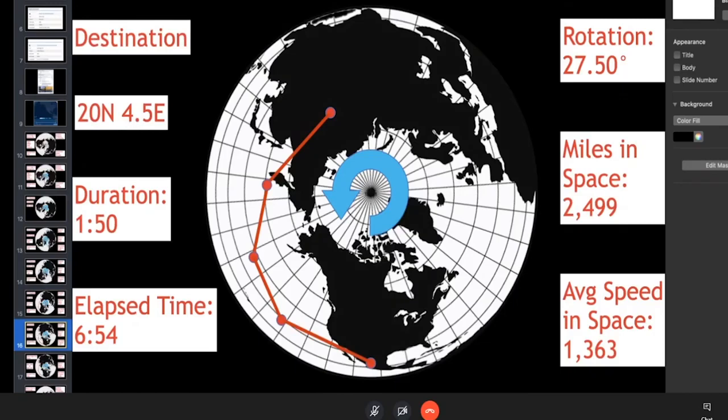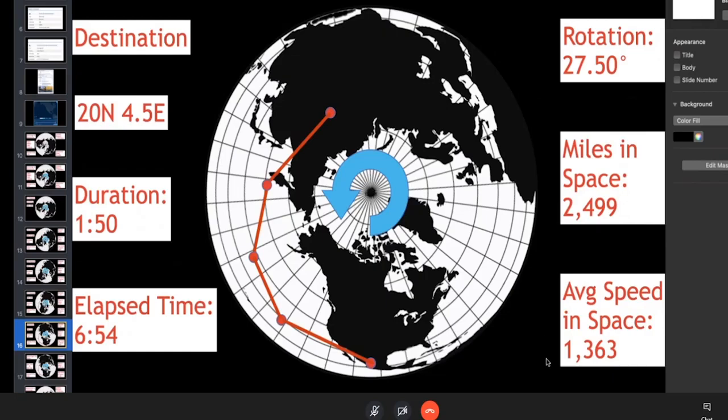And the destination, when they finally arrive in Mexico City at 20 degrees north, another hour and 50 minutes. They've reached the elapsed time for the flight, 27.5 degree rotation of the Earth. They went a whopping 2,499 miles in space on this last leg during the last hour and 50 minutes of the flight.